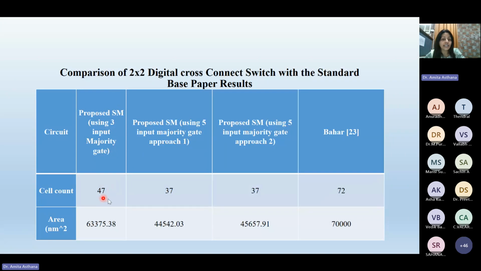So the cell count in the case of the 3-input majority gate, where we have fewer inputs, is greater, and the area in nanometer square is also greater, as we can see from the table. But if we use a 5-input majority gate, whether it's approach 1 or approach 2, we can reduce the cell count by 10 cells.